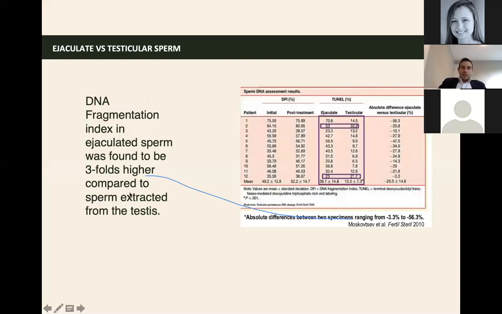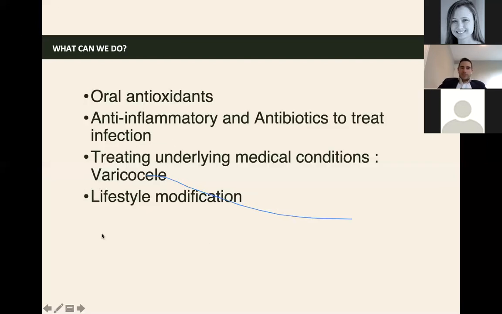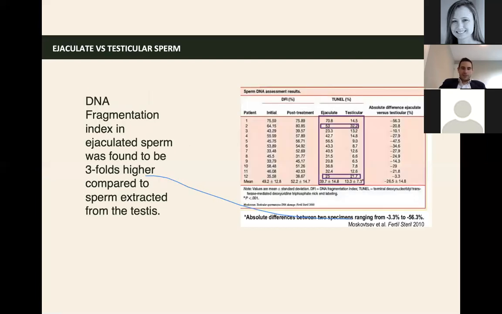So what can we do if all of these traditional therapeutic interventions fail at some point and we still have a high DNA fragmentation index? It's not the end of the story. We have found that sperm that were extracted from the testicle itself had way lower DNA fragmentation index than those that were ejaculated.